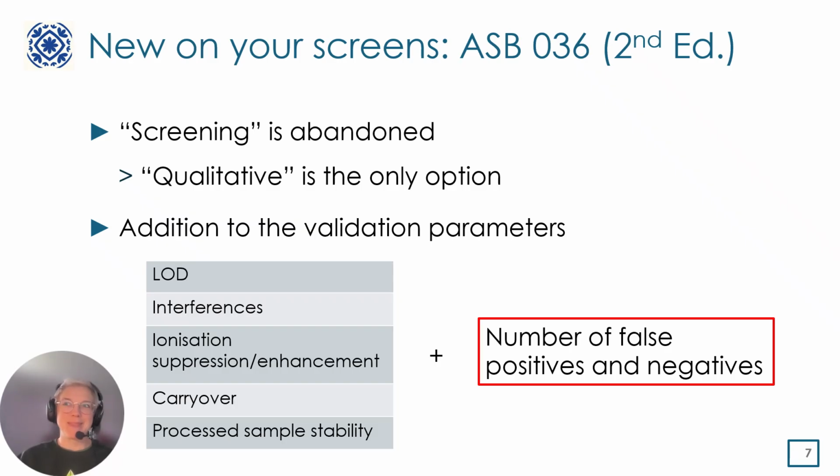But not too much detail though, because the new edition isn't out for public comment yet, and so I cannot go into specifics like the number of samples required and such. But what I can do is discuss the existing literature and recommendations on qualitative method validation, which, to no surprise, is not going to be very far from the requirements, because that's what we relied on as a working group to draft the second edition.